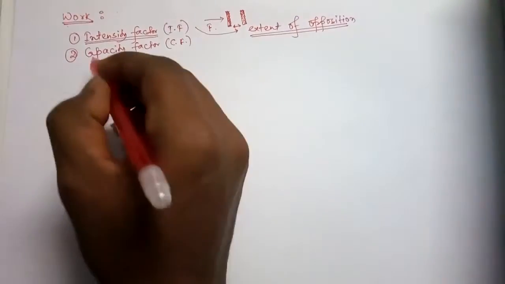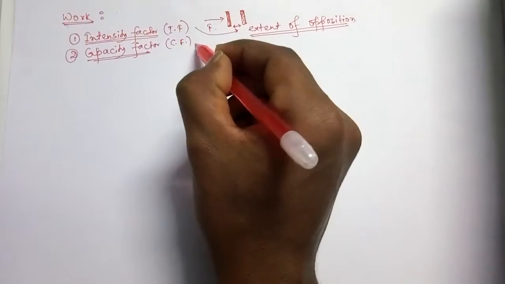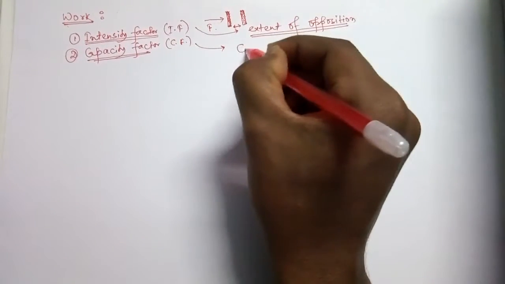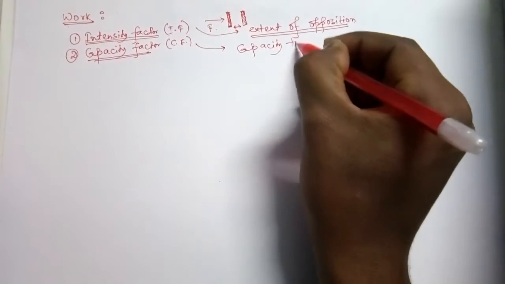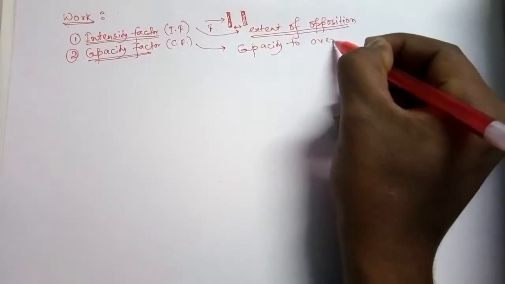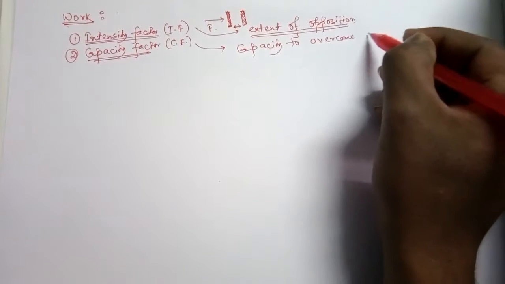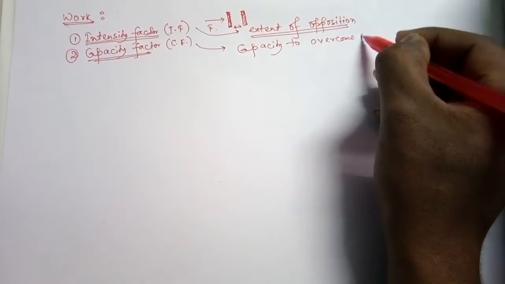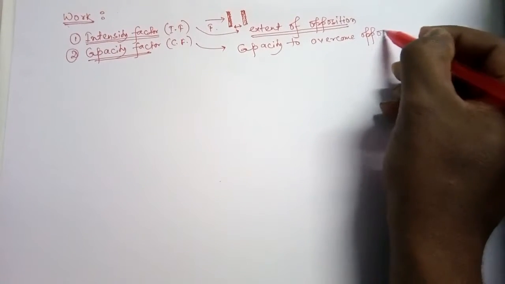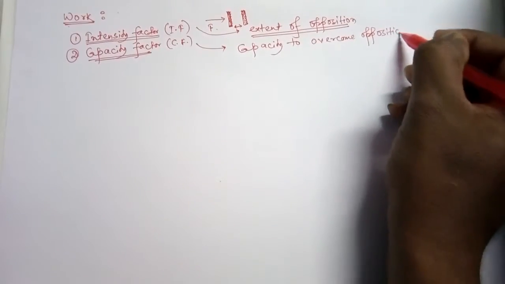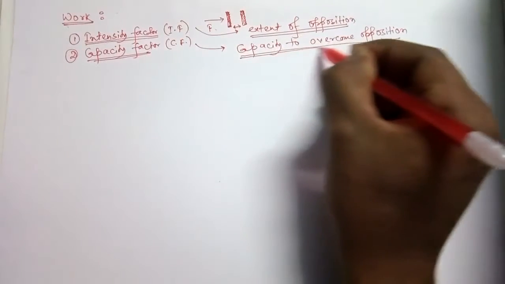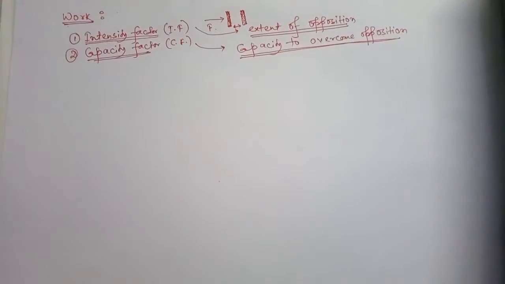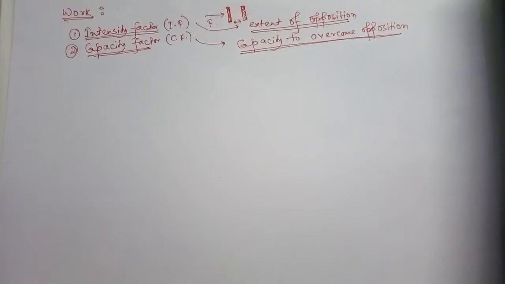And capacity factor is the capacity to overcome that opposition. So by the help of these two kinds of factors, we can express work properly.